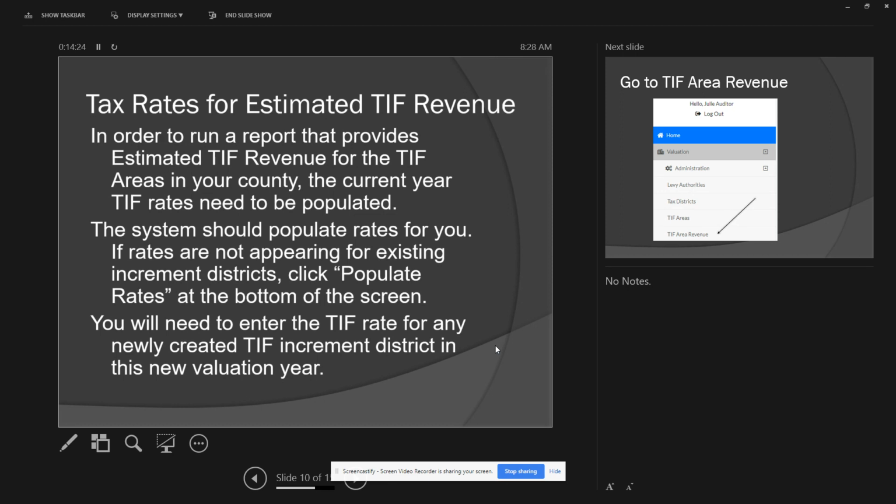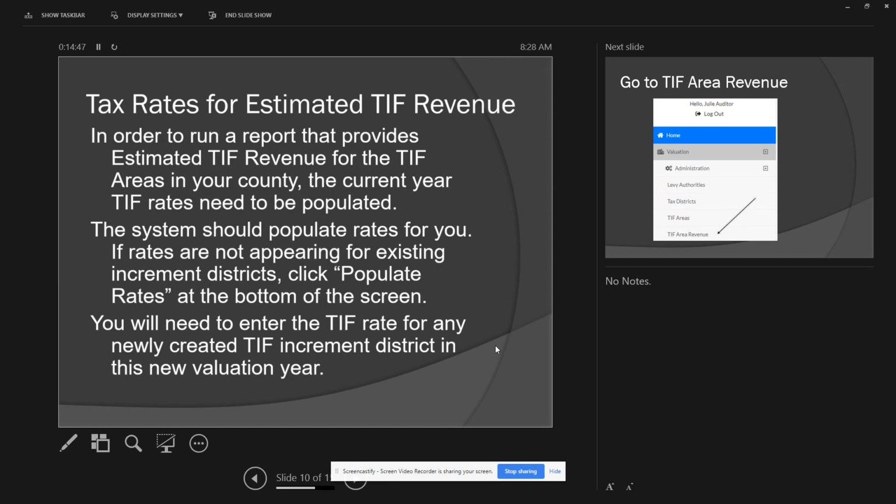First, though, in order to run a report that provides that estimated TIF revenue for the TIF areas in your county, the current year TIF rates need to be populated. The system should populate those rates for you. If for some reason the rates aren't appearing, or they're not appearing for the current year, you can go down to the bottom of the screen and click Populate Rates. But again, those should be there for you.